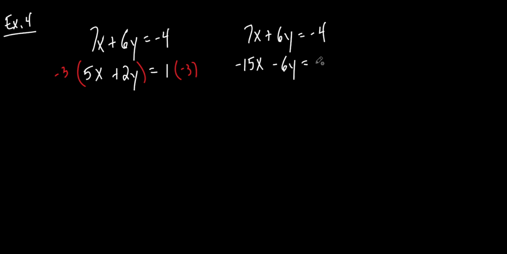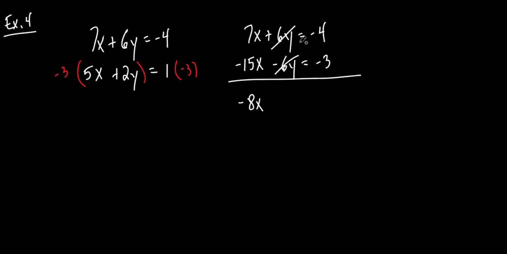Equals what? Negative 3. Now, I've got the same variable. One's positive, one's negative. You know they're going to cancel out when I add them together. So let's add everything together. 7x minus 15x. What's that? Negative 8x. This is the elimination, right? This will eliminate. They cancel out.